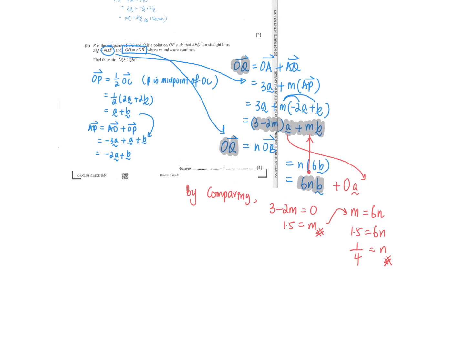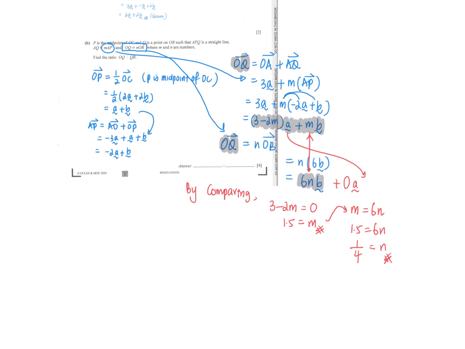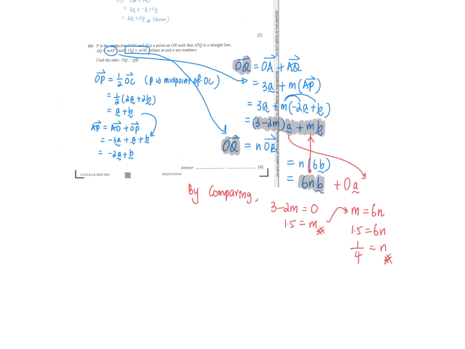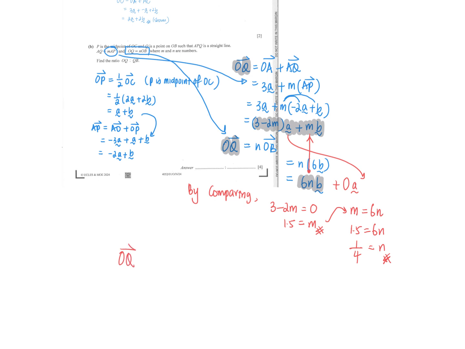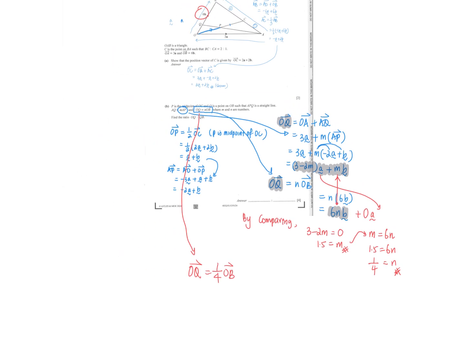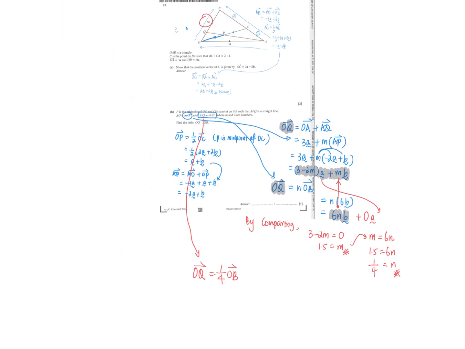So once you solve for N and M, we know that OQ is 1/4 of OB. So between OQ and OB, right? OQ is 1 unit out of 4 units of this whole thing. That's what it's trying to say.